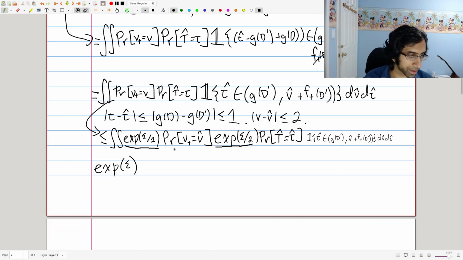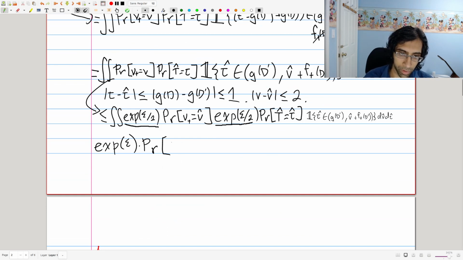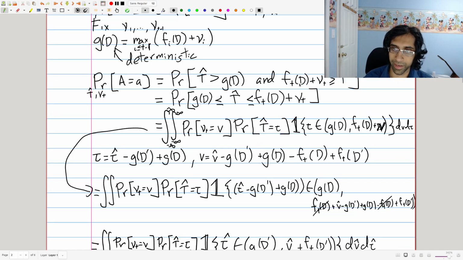So this lets us rewrite this as e to the epsilon times the probability that, first of all, t hat is greater than or equal to g of d prime, and that the other term, f t d prime plus v t, is greater than t hat.